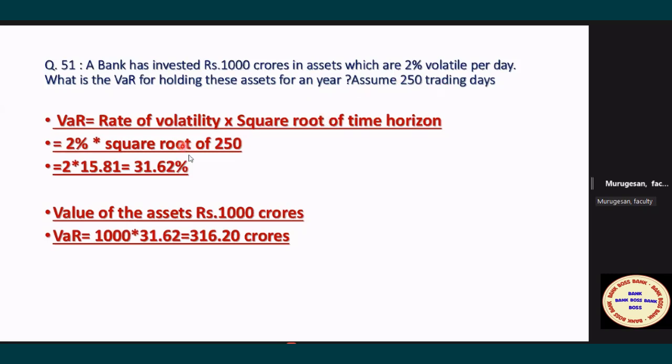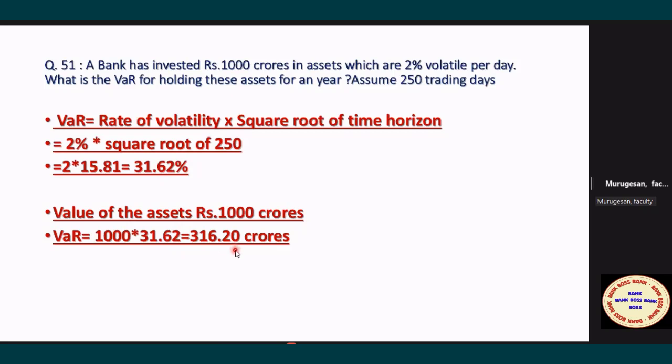The square root of 250 is 15.81. So 2 into 15.81, 31.62% is the value at risk. Then what will be the likely loss? What is the risk in this portfolio? Of 1,000 crore, 31.62% may become a loss.